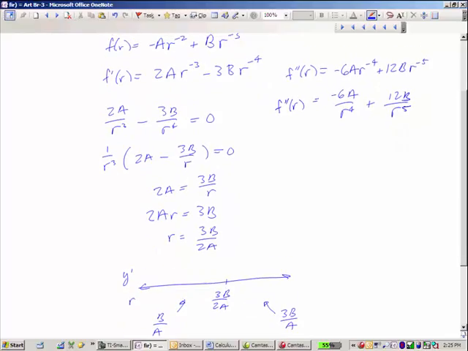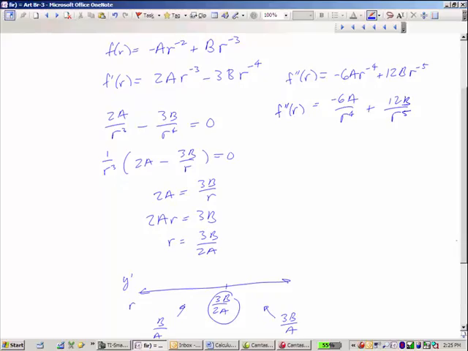And I have to plug in 3b over 2a into the denominator of the first term, and 12b, I have to plug in 3b over 2a. Well, okay, which do you want to do?